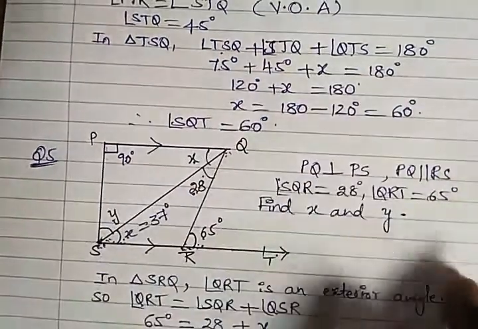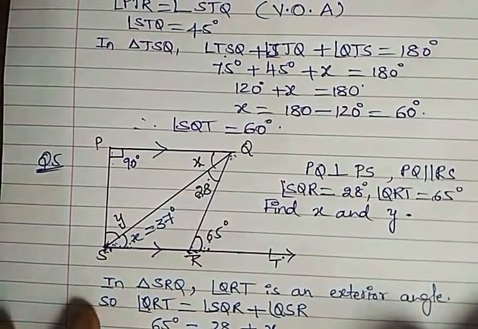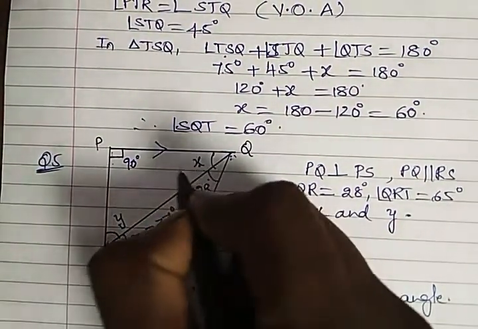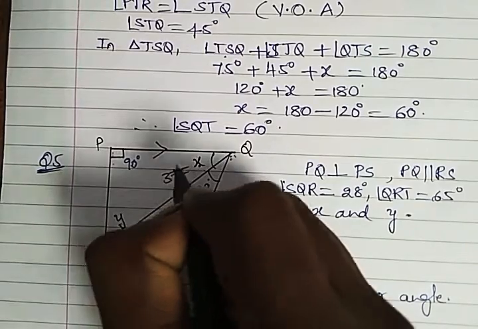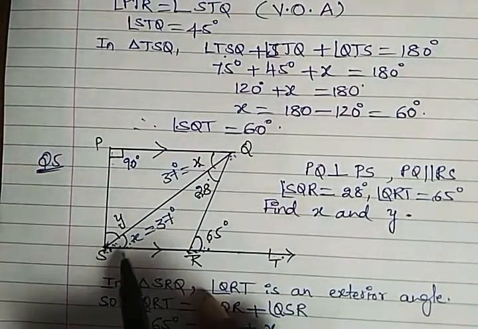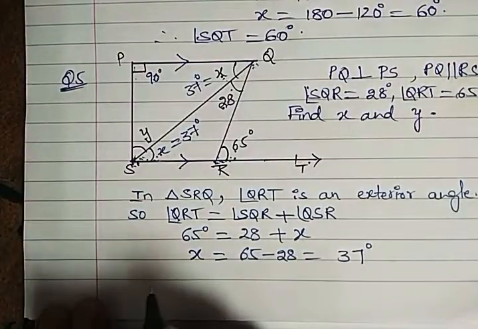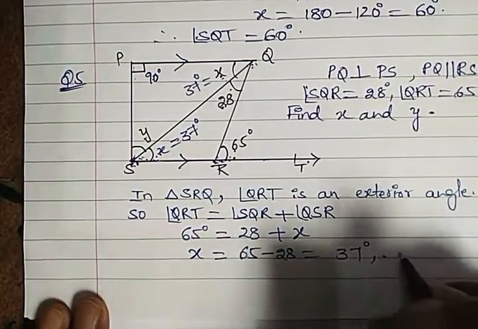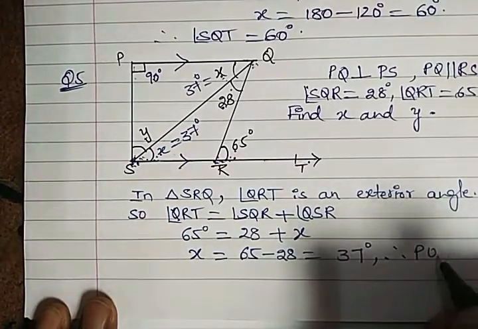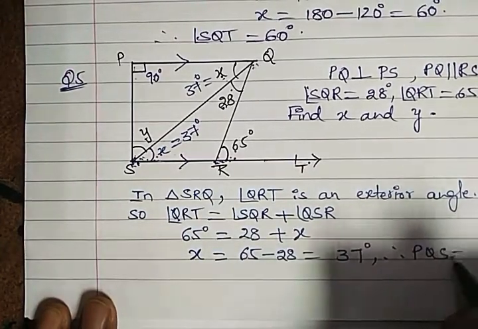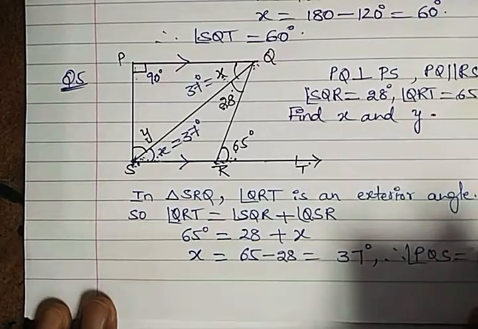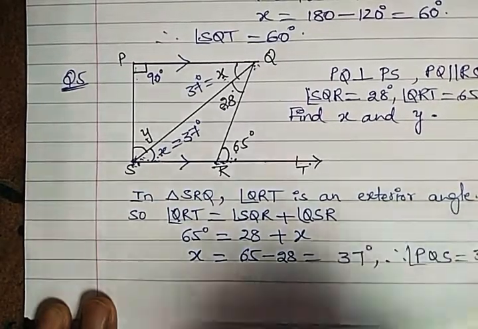If this is 37, here also it is 37, because these two are alternate interior angles. Now consider triangle PQS. Therefore, we can write angle PQS is also equal to 37 degrees, alternate interior angles.